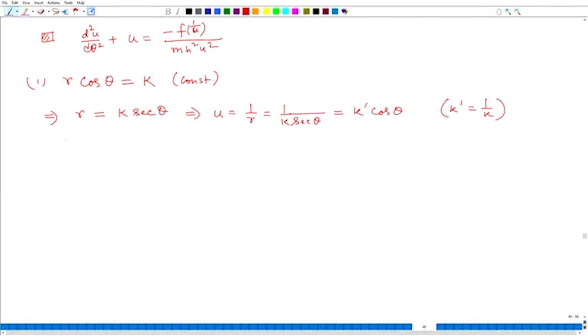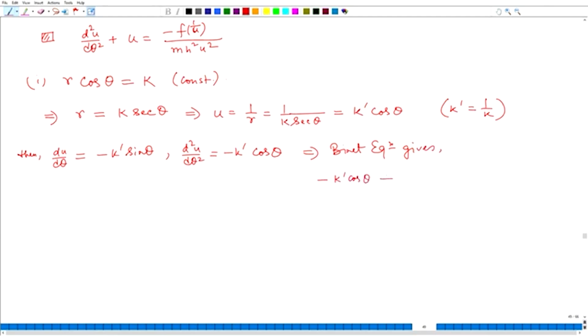If you do that, then what will be du/dθ? Then du/dθ is equal to minus k prime sin theta, and d2u/dθ2 is equal to minus k prime cos theta, and hence the Binet equation gives minus k prime cos theta plus k prime cos theta is equal to minus f of 1 by u over m h square u square.